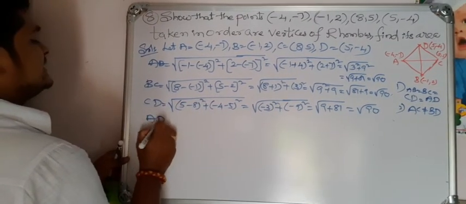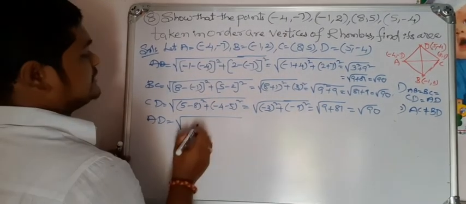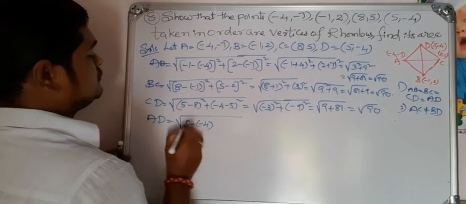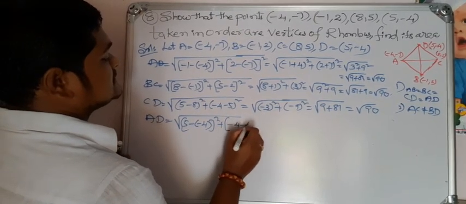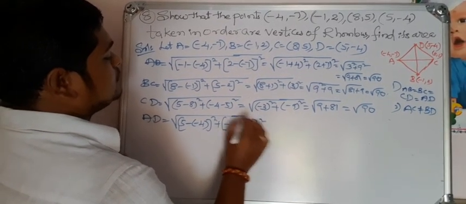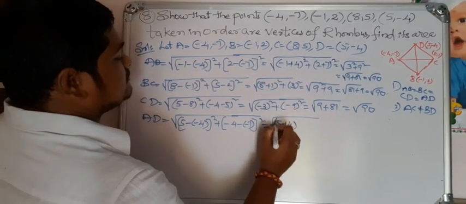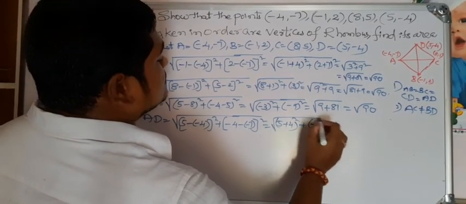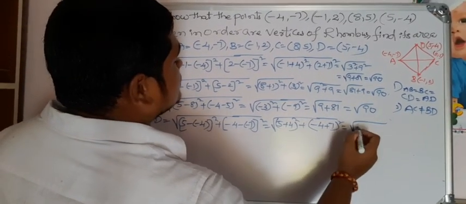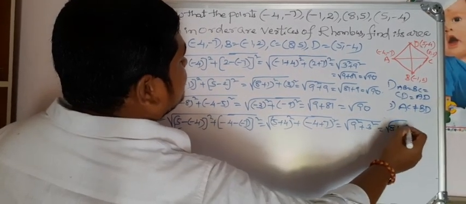Next, find AD, from the first point and last point: (5 - (-4)) whole square plus (-4 - (-7)) whole square, that is 5 plus 4 whole square plus -4 plus 7 whole square. It is 9 square plus 3 square, equal to root of 81 plus 9, equal to root 90.